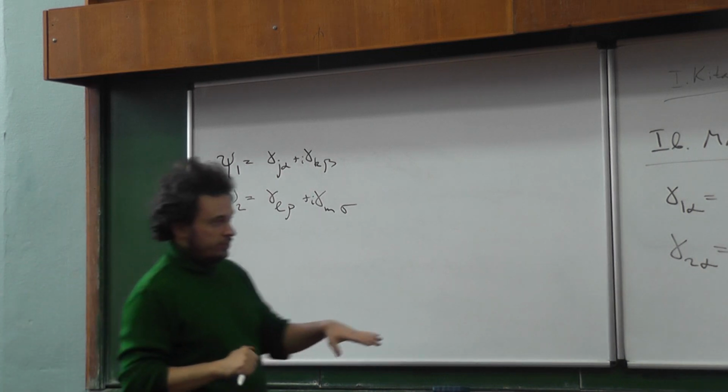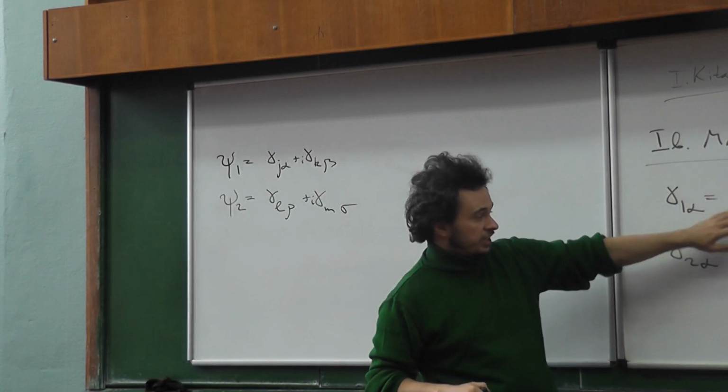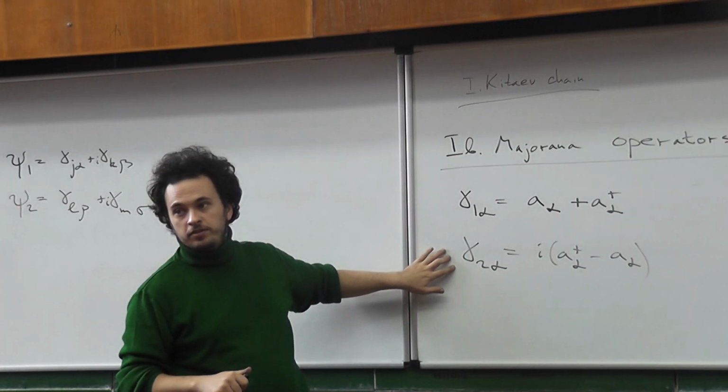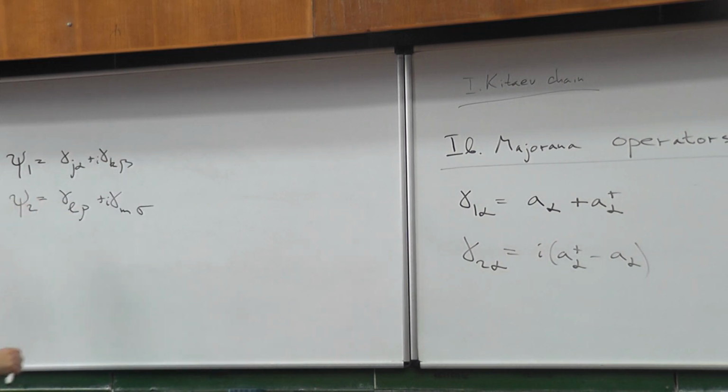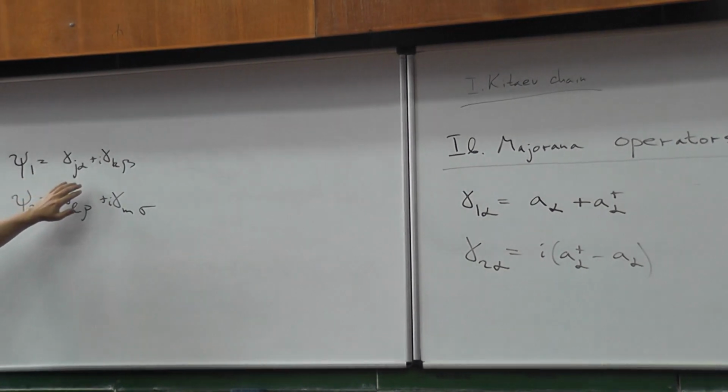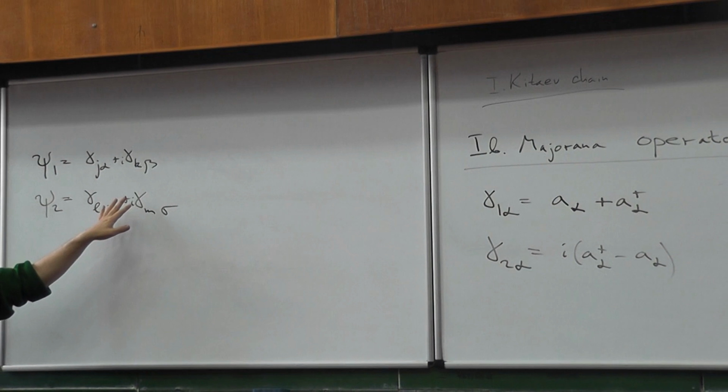So I follow the same pattern. If I want to define aα, it's like γ1α plus iγ2α. I follow exactly the same pattern, except I combine Majoranas belonging to different orbitals.